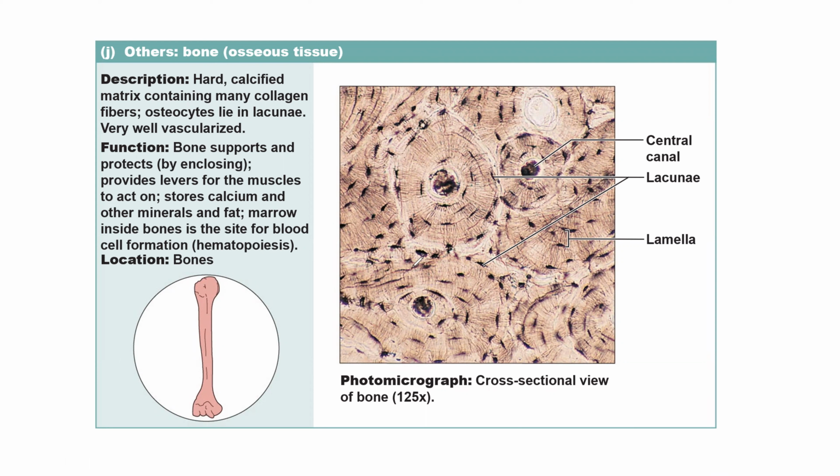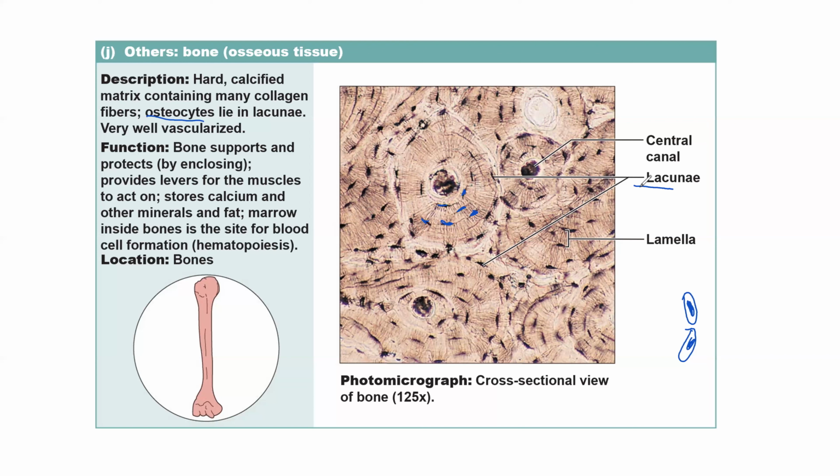Okay, so let's look at this slide. First, you probably see those dark lines over here. Those are nuclei of bone cells, and these are called osteocytes. So here's the name, osteocytes. Osteocytes are inside the lacunae. So you would have a cell, an osteocyte, surrounded by a lacuna. Here's another one surrounded by a lacuna.